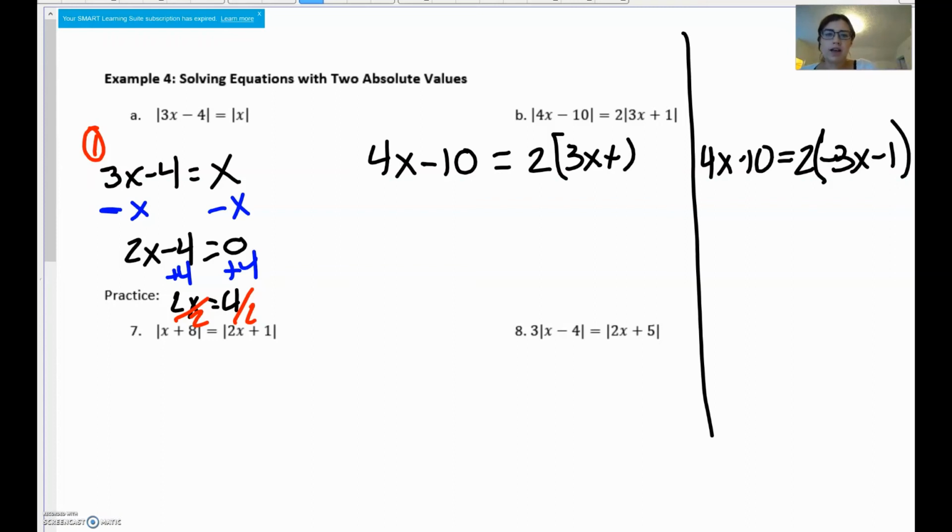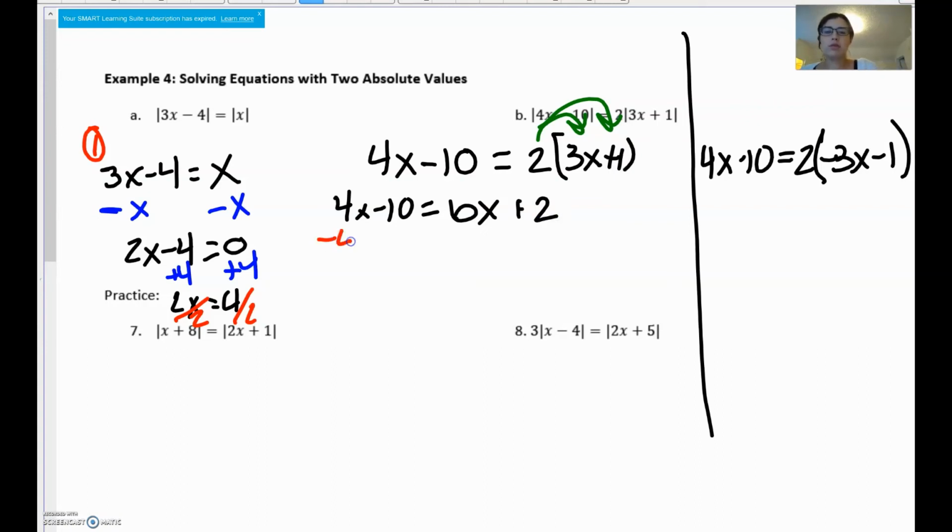So we're back on the left. We're going to just distribute our 2 first. We'll get 4x minus 10 equals 2 times 3x gives us 6x plus 2 times that 1, which will just give us 2. Now we just solve.